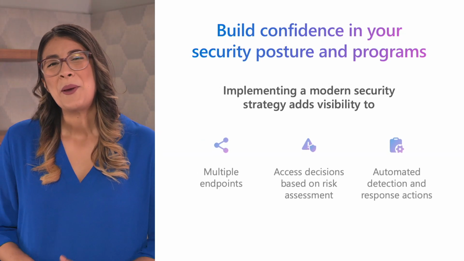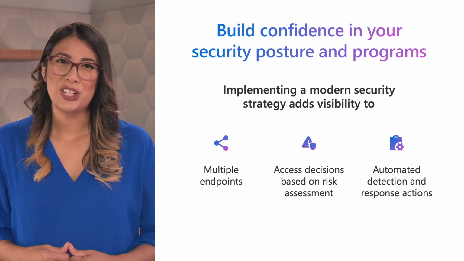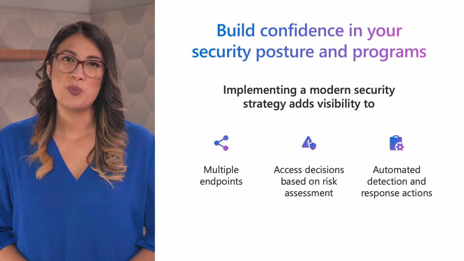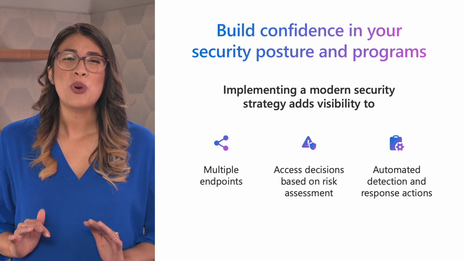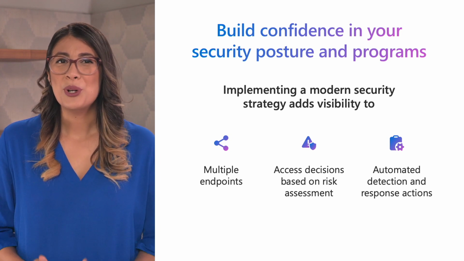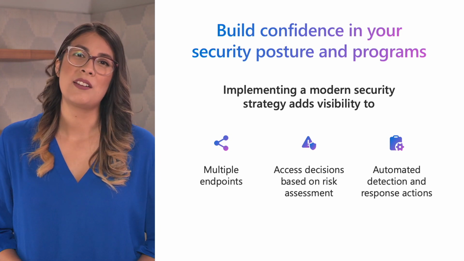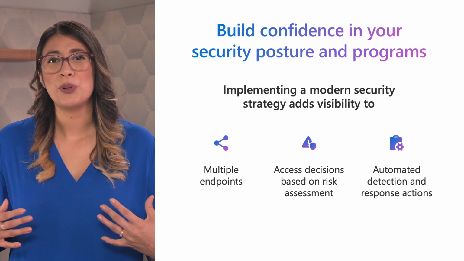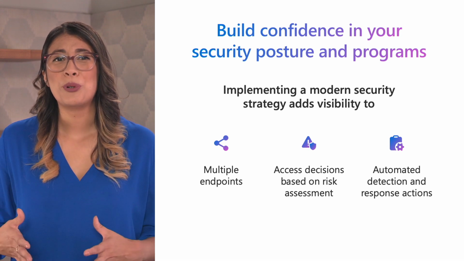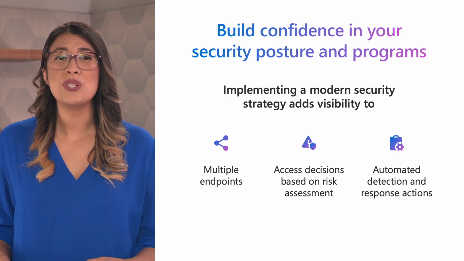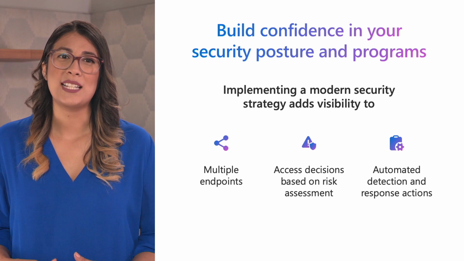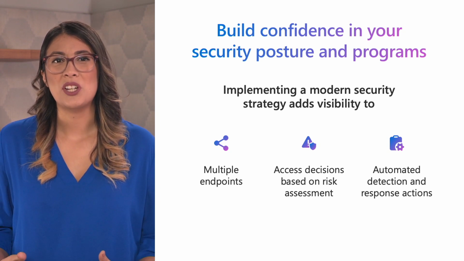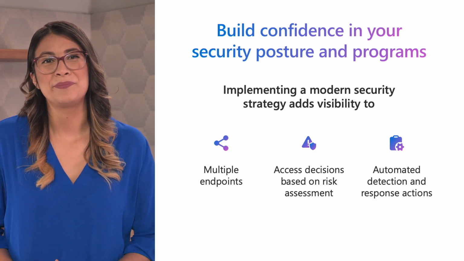By implementing a modern security strategy like Zero Trust, it gives you visibility across multiple endpoints. This can be corporate managed devices, personal devices, or unidentified IoT devices, which are accessing corporate resources, and you can incorporate access decisions to those endpoints based on risk assessment of those endpoints and automated detection and response actions based on an alert an endpoint may trigger.